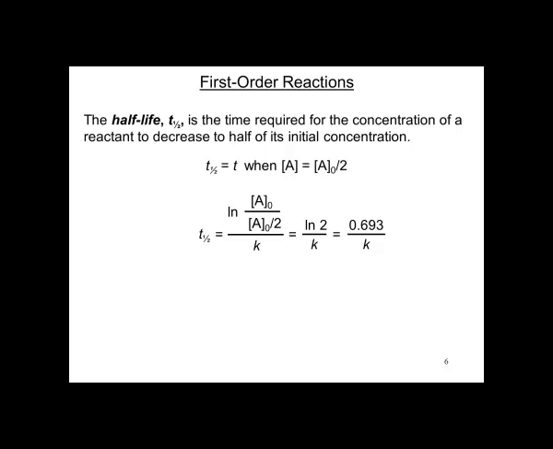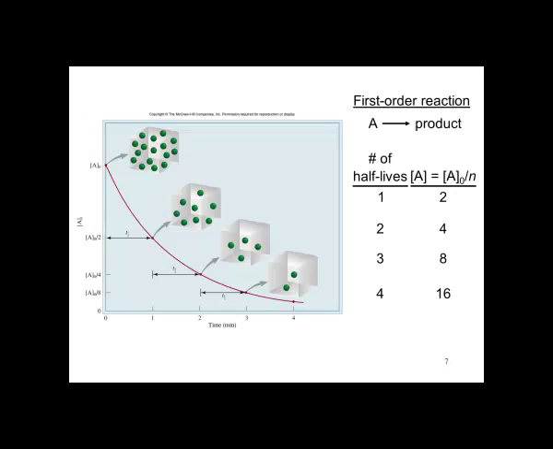It reduces down to the ln of 2 divided by k, or the constant 0.693 divided by k. Remember, ln is natural logarithm. Here's a graphic showing the decrease in the concentration of A with time, decreasing by 1/2 at each half-life. Of course, you never get to 0.